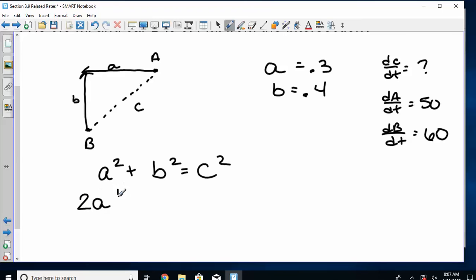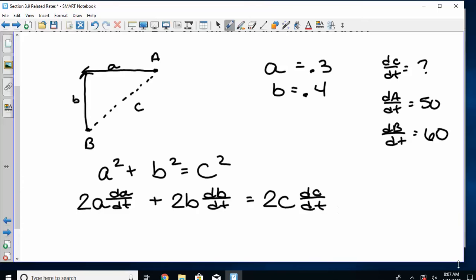2a dA/dt plus equals. There are no constants in this one, so we couldn't plug in anything before the derivative.